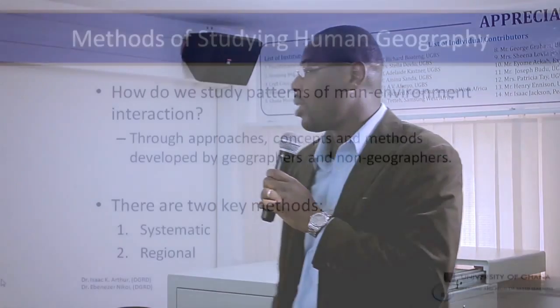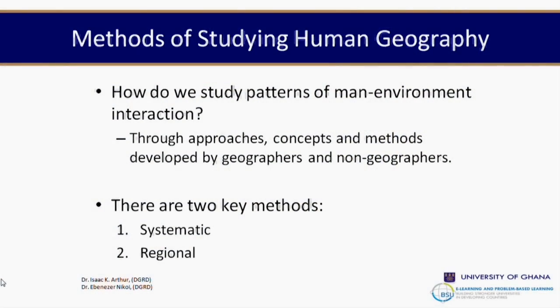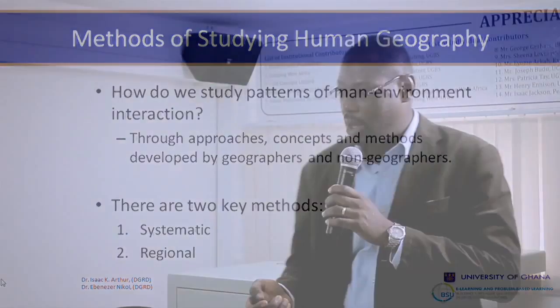When it comes to a scientific approach to understand a phenomenon, physicists have certain methods, and other social scientists like economists and sociologists also have methods. They are all science, so they are related. There are two key methods: the systematic approach and the regional approach, and that is what we're going to focus on as the approaches in studying human geography.